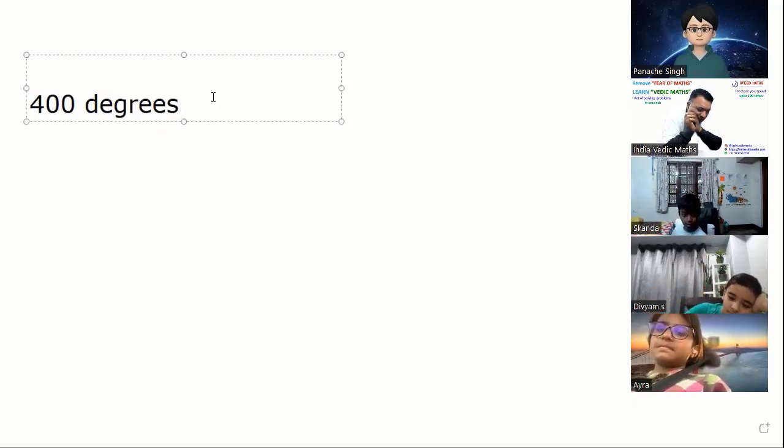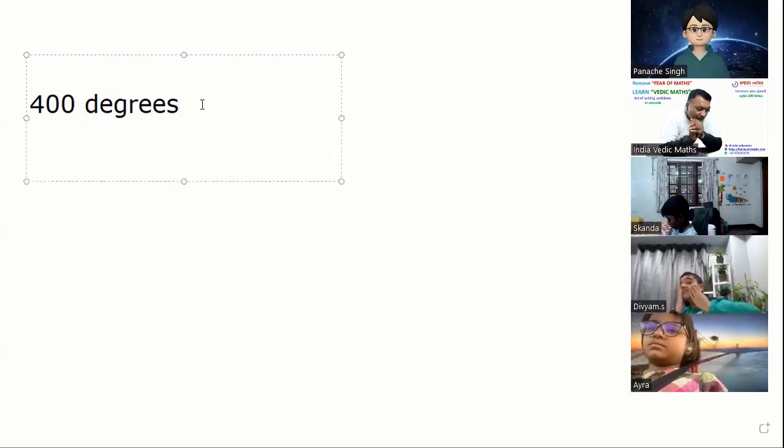Skanda says full, Chaitanya says acute, Aditya says no angle, Divyam says no angle. Keep writing. I'll tell you what my answer is.